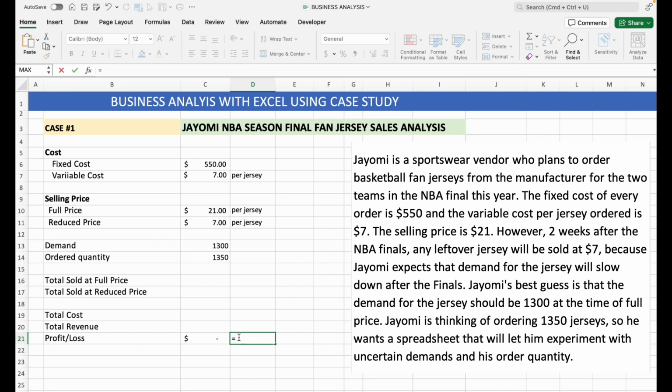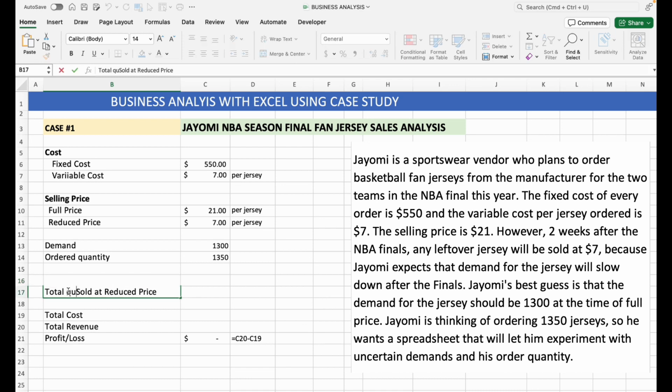If you want to see the formula, let's use formula text. Click here and this is the formula right here. So here we are looking at total quantity sold at full price. Let me put quantity. And total quantity sold at reduced price.